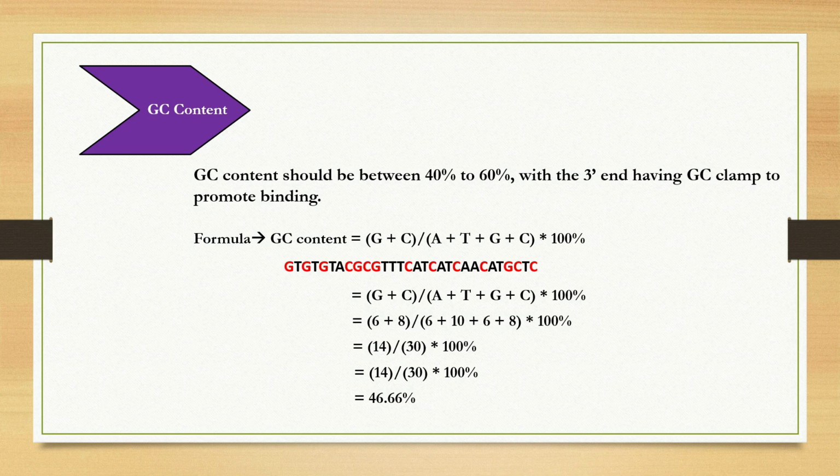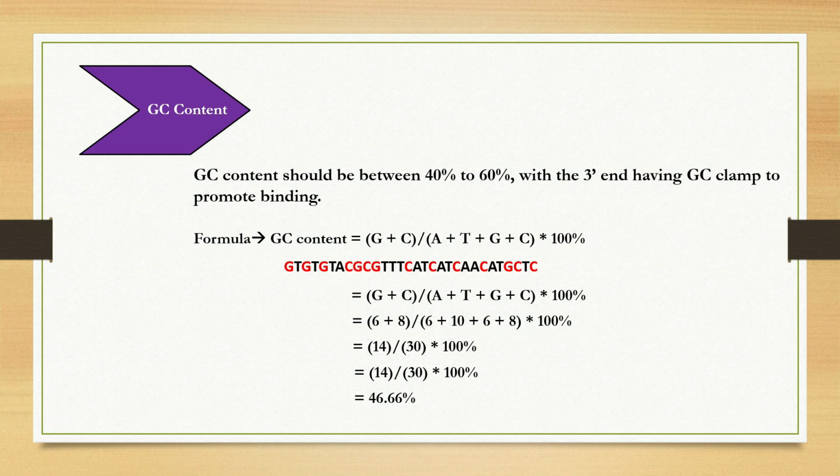We don't want our PCR amplification efficiency to be degraded or deficient. So to maintain a proper GC content, we can increase the length of the primer in that case, so that our GC content will be increased.